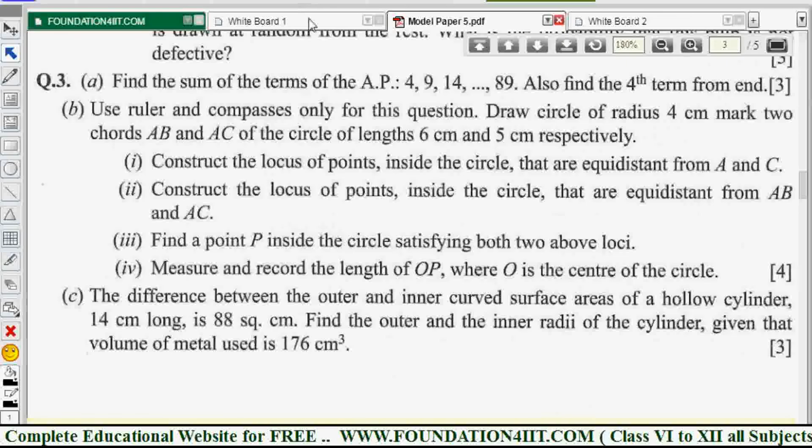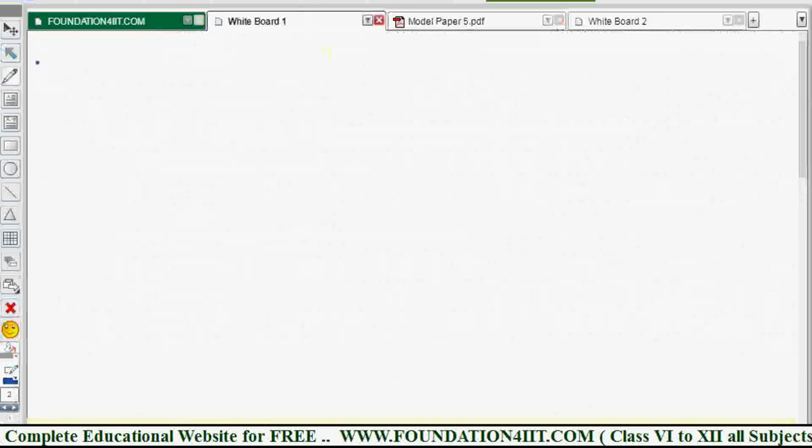So let me take the given series first. The given series is in arithmetic progression: 4, 9, 14 and so on to 89.